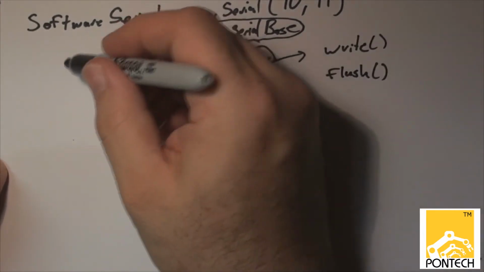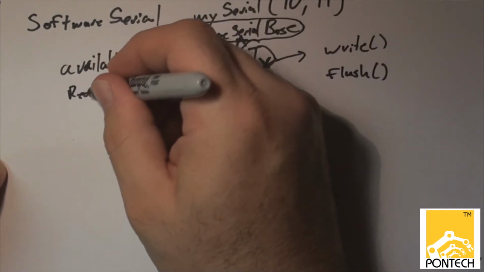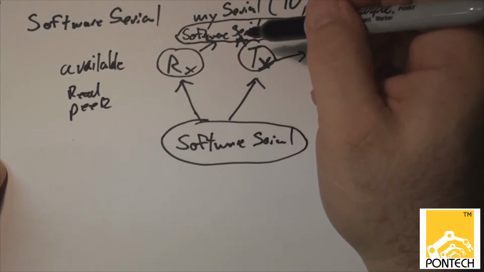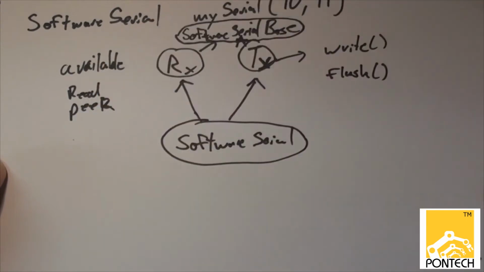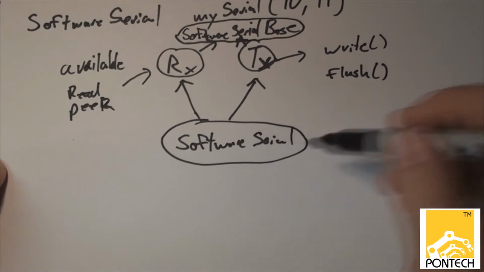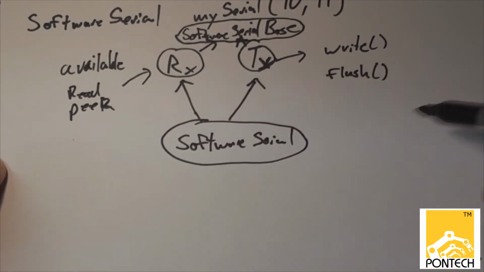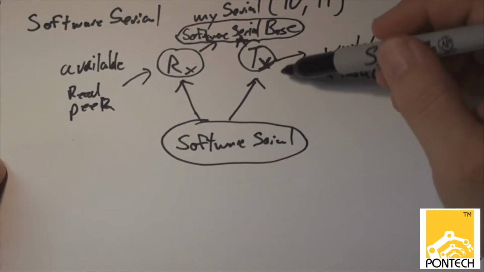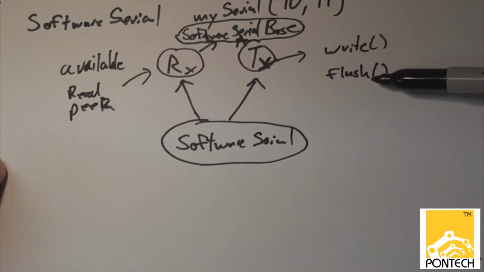Then the RX side has available, read, peek, and I think there's one more in there, but essentially these types of functions are associated with the RX, and then the new child class SoftwareSerial inherits these from the two simplex classes.